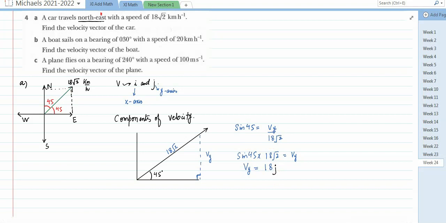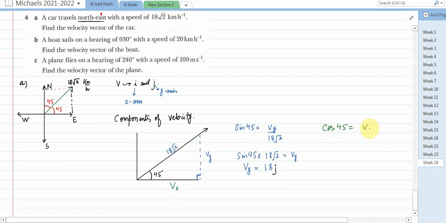Similarly, if we are looking for the x component, again with the help of trigonometry, but now we are going to apply cos here. Cos 45 is equal to adjacent divided by hypotenuse. Since sine 45 and cos 45 are both equal, you will have the velocity x component equal to 18 as well, and it will be 18i.